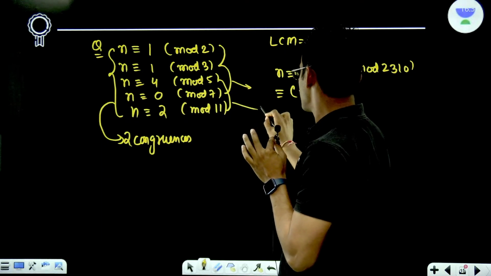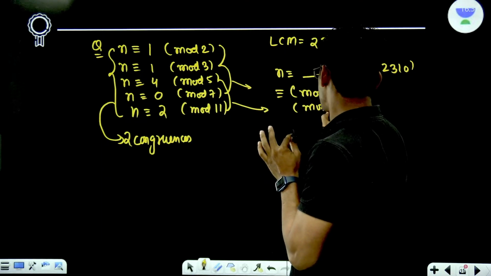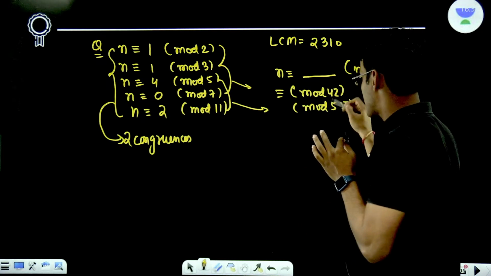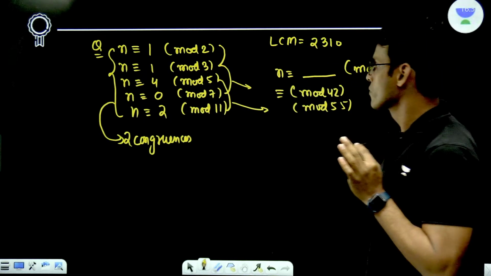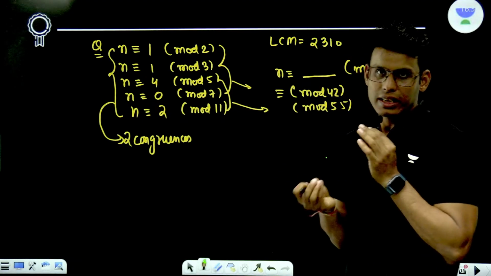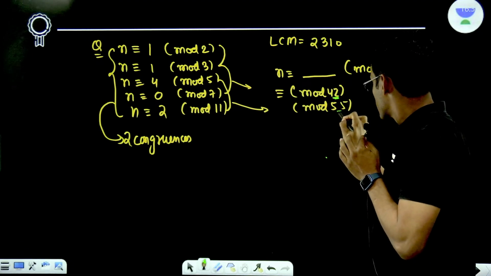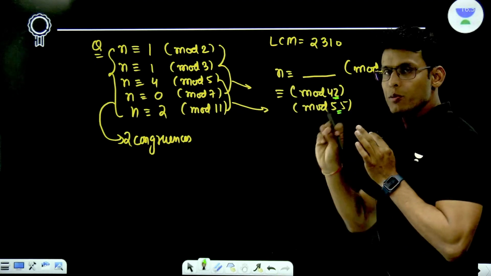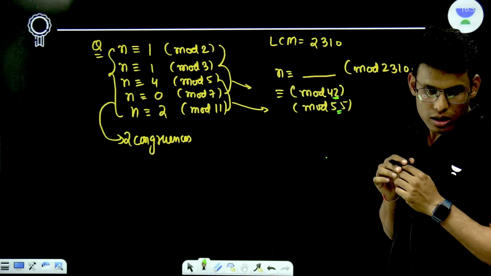These 2 give me something mod. This is my choice. I will combine like this, right? The basic thing is that these two numbers should be okay.